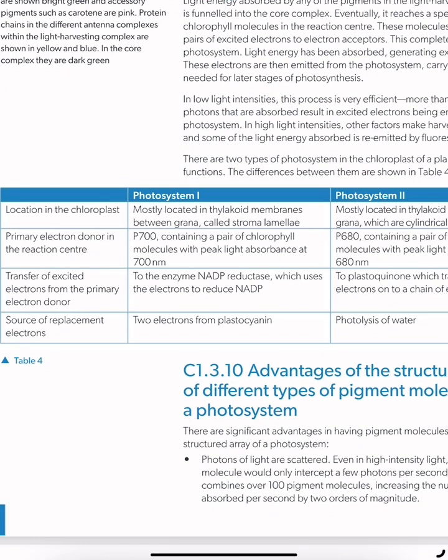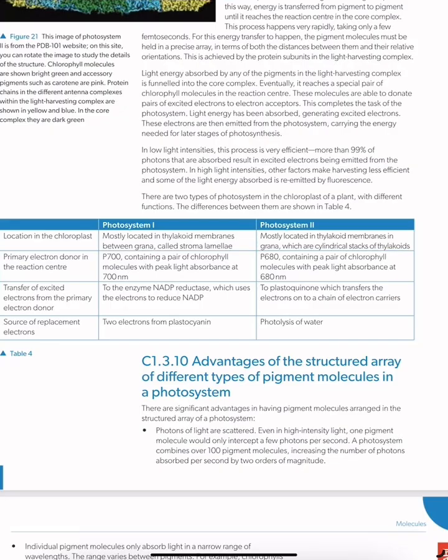Photosystem 1 gives the excited electrons to NADP reductase, which uses the electrons to reduce NADP. Also, when an electron is excited in photosystem 2, the electron is replaced by another electron, which is given to the photosystem through photolysis of water.